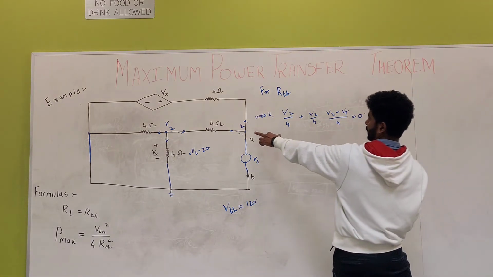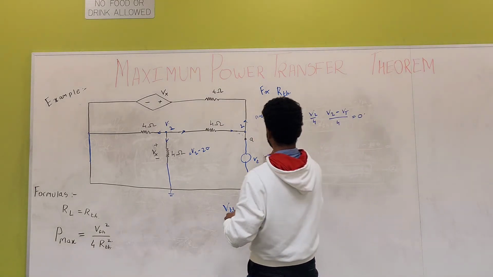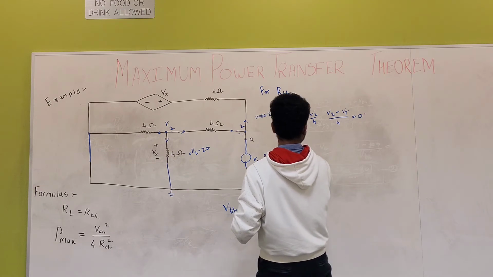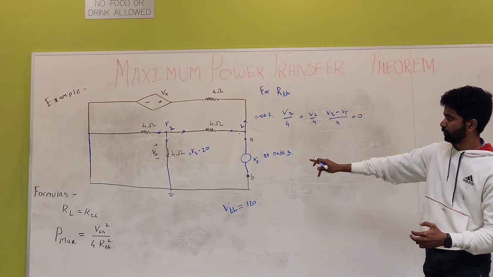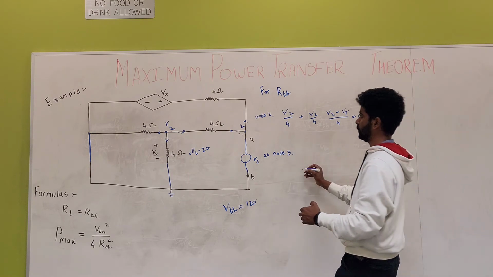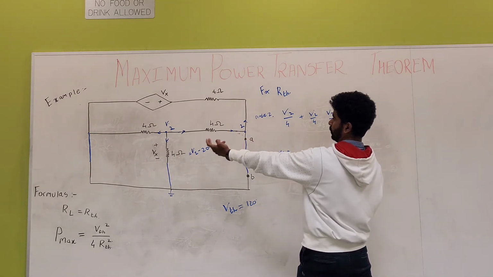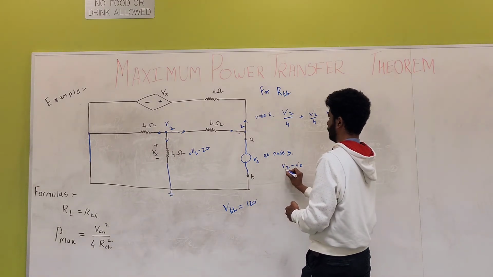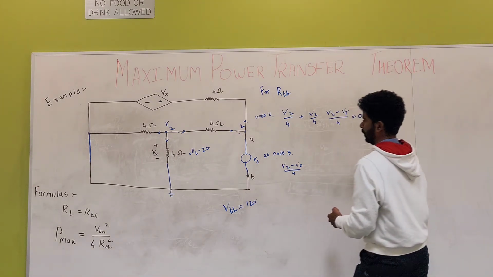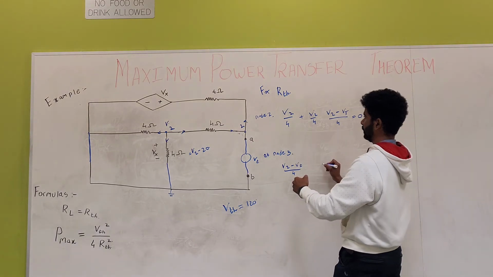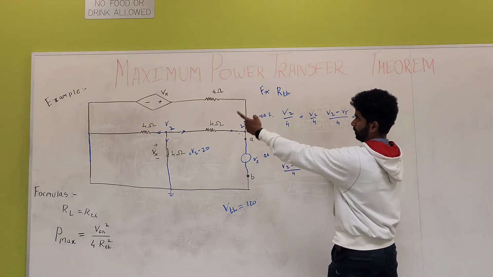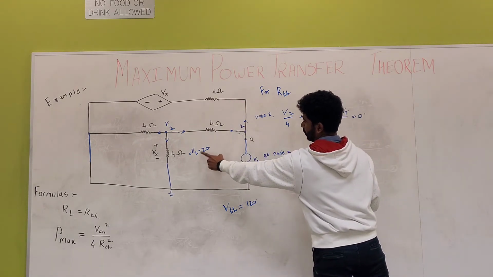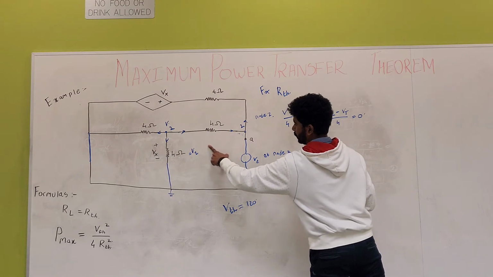Again, my second equation would be at node 3, going this side, V2 minus VT upon 4, and going up would be my VT minus Vx, which is again V2 because there is no 20, so it's only V2 this time.